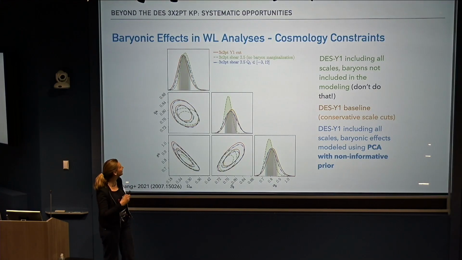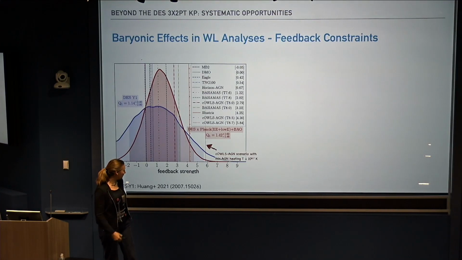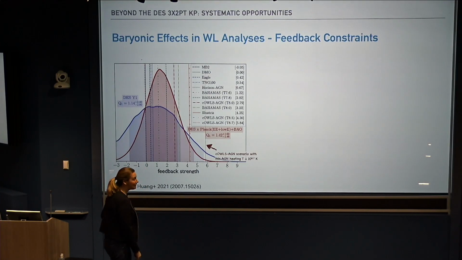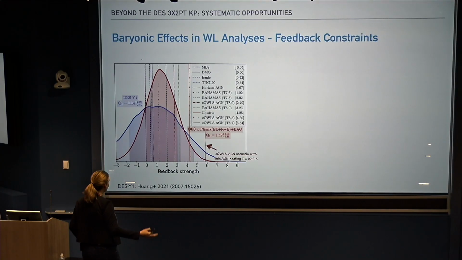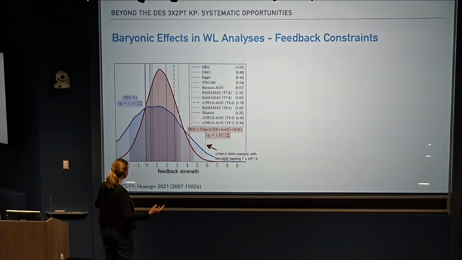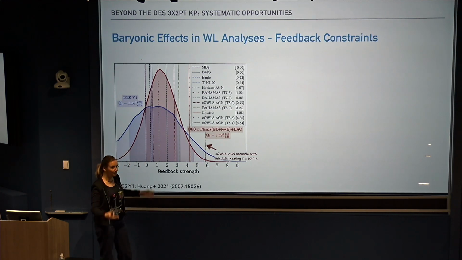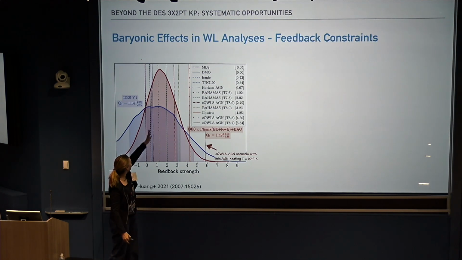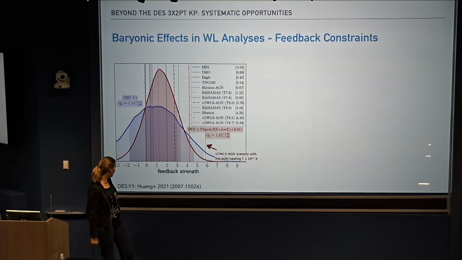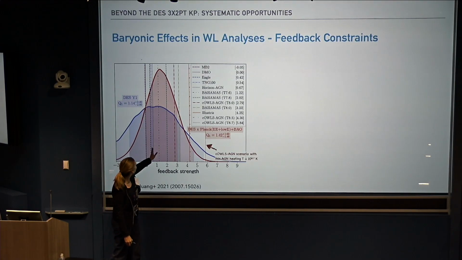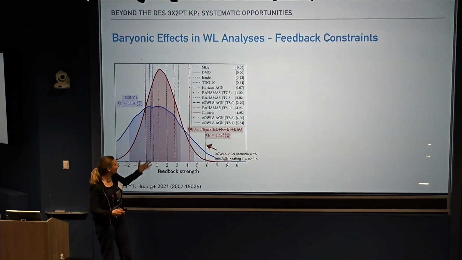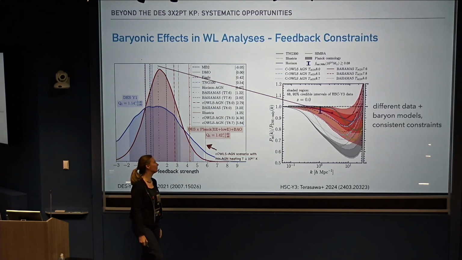Let's just briefly talk about what different people find about feedback. In this case, in a PCA-based analysis, we have to just relate our posterior on baryon feedback to different hydrosimulations, shown here as vertical lines. And this analysis of DES Y1 down to 2.5 arc minutes preferred something around BAHAMAS of T.676 to T.78.